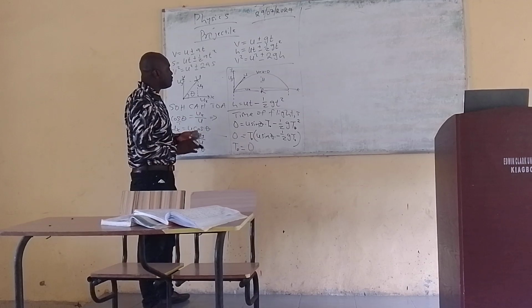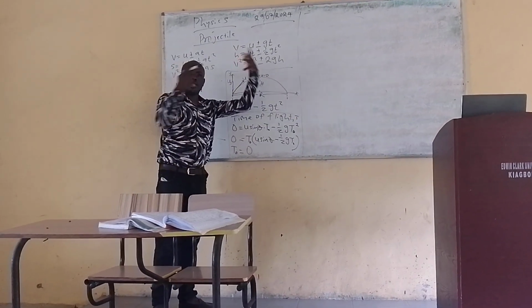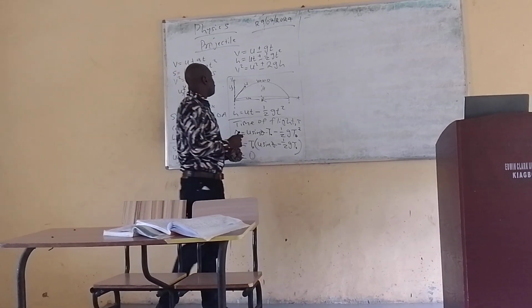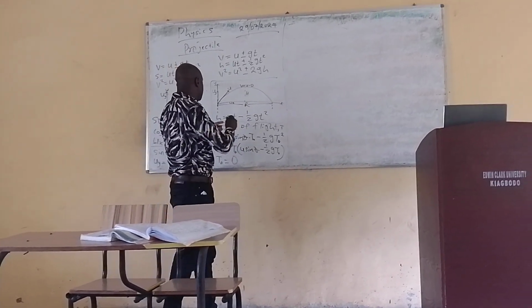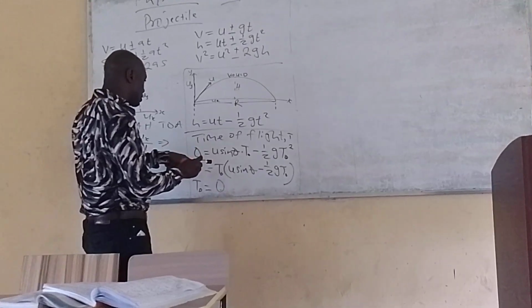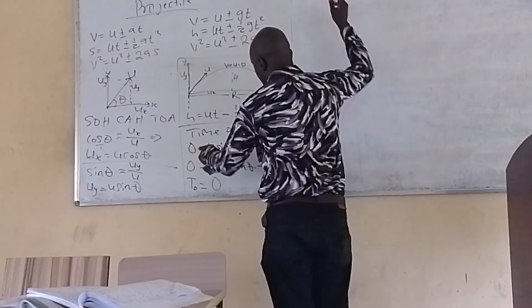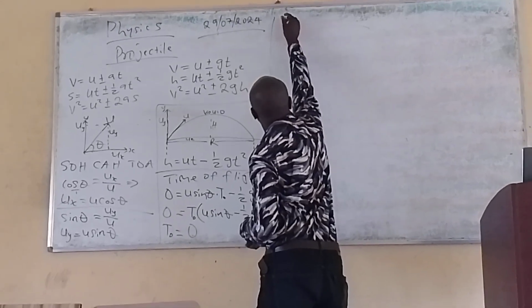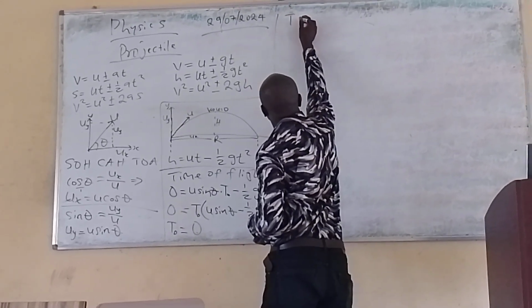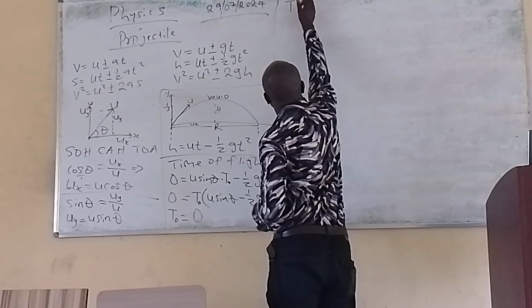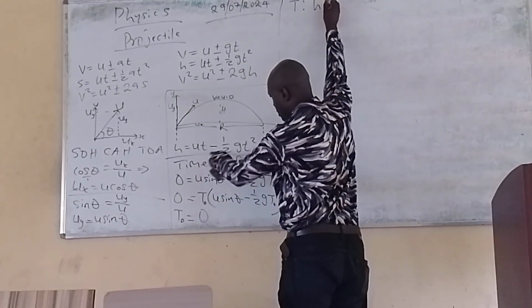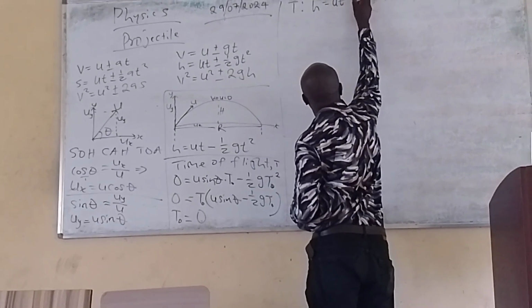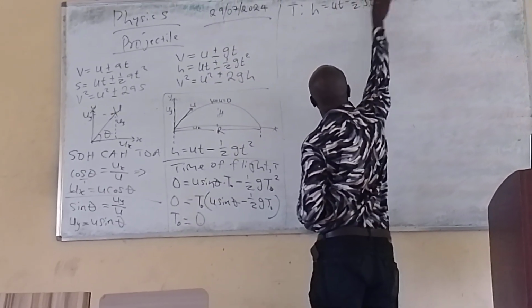Then we have to find the time of flight when it has now landed at the same horizontal plane where it was projected from. So finding that now, we can still use this same formula. We can still use h because we want to find the main time of flight t. So h equals u t minus half g t squared.